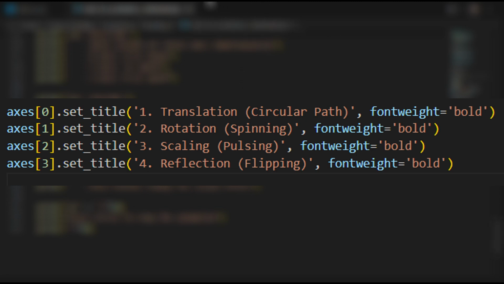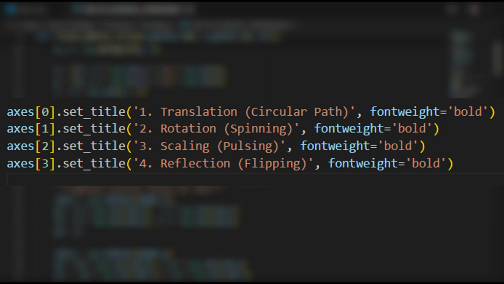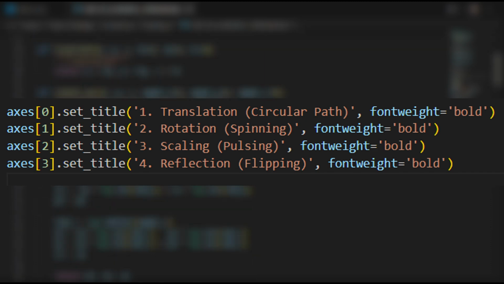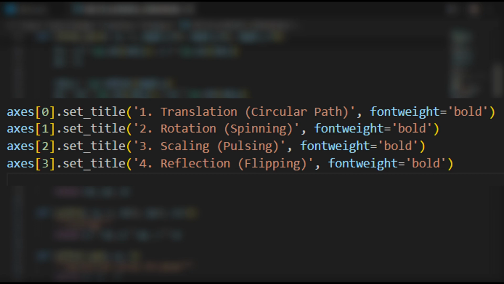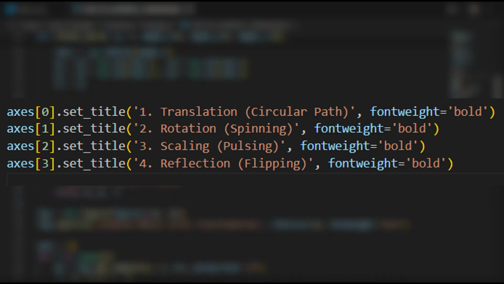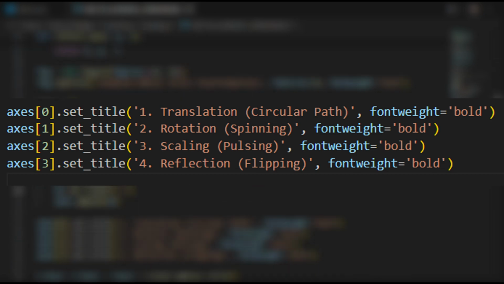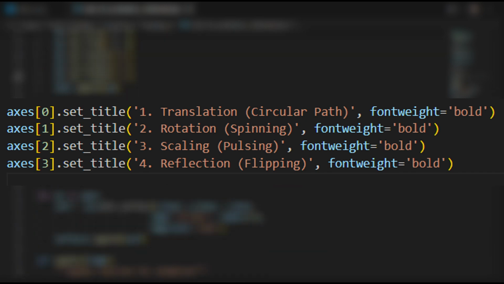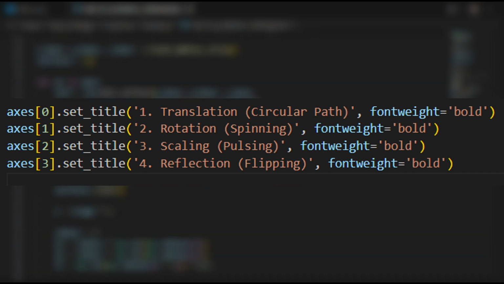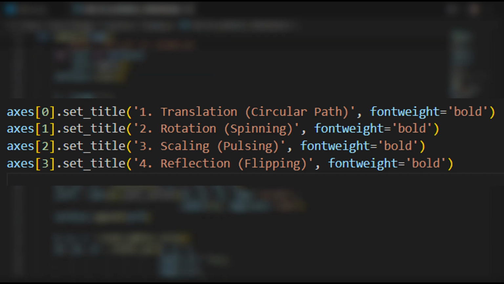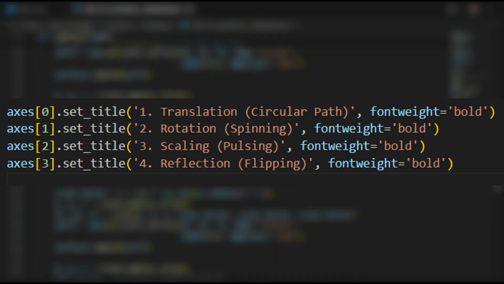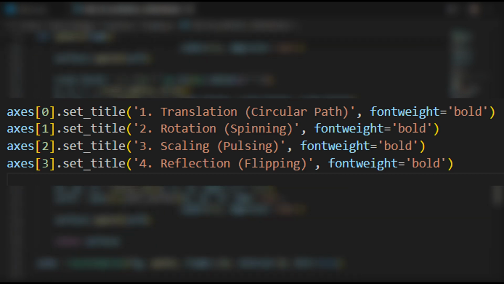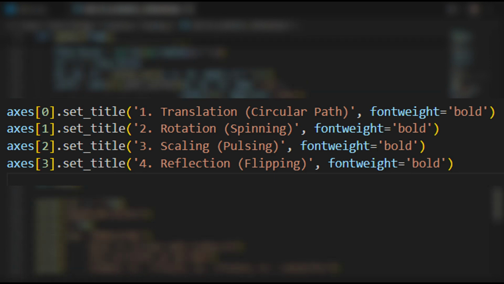Subplot 3 shows Reflection, described as flipping. Each title uses the fontweight parameter set to bold, making them stand out visually. This labeling helps viewers immediately understand which transformation they're observing in each quadrant of our animation, creating a clear and organized presentation of the four fundamental 3D transformations.